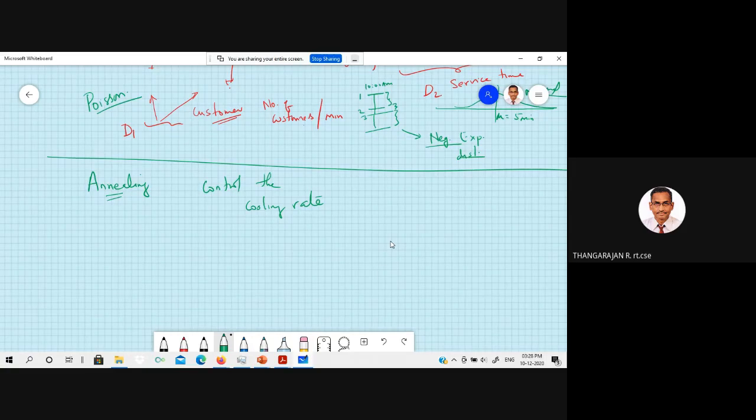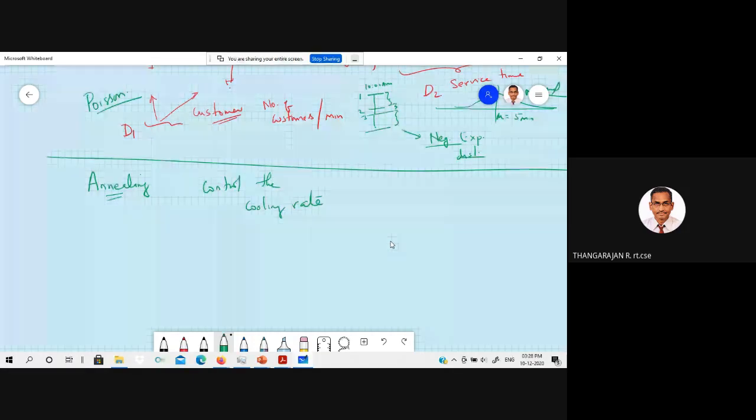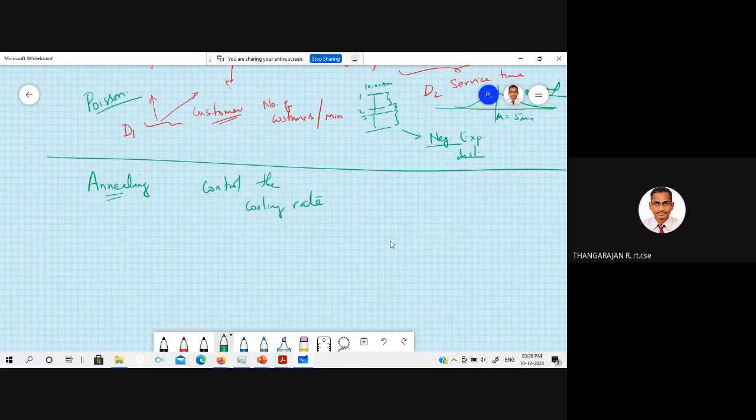Then only the wheel will become strong. Otherwise, if you suddenly cool it, it will become brittle. So there is an algorithm in our computer science that we call simulated annealing. That says the same thing.